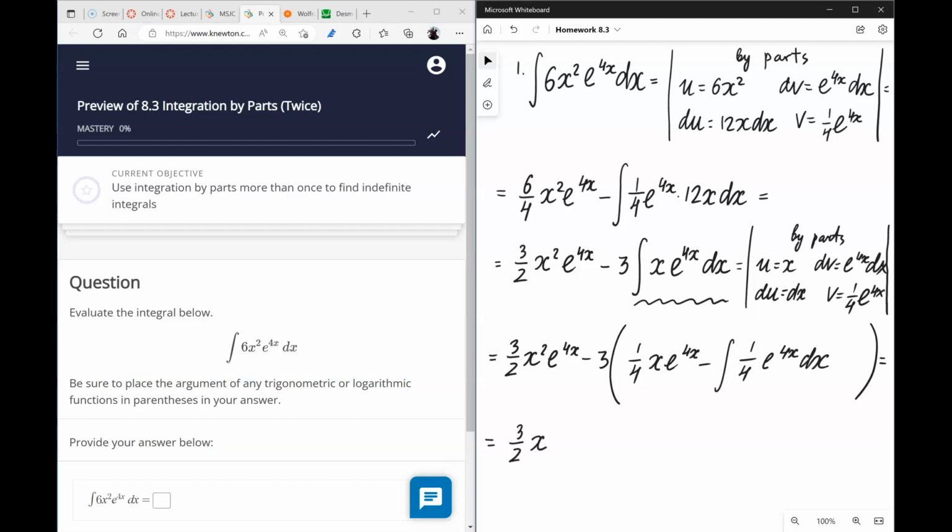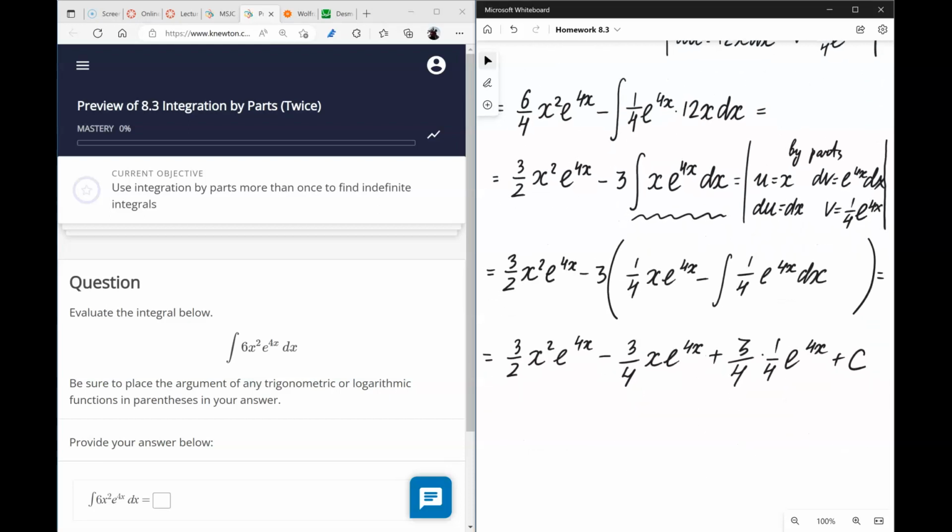So we have 3/2 x squared e to the 4x. Now we're going to distribute the 3, so we have 3/4 x e to the 4x, plus we're going to distribute 3, but we have 1/4. And now here, instead of writing the integral of e to the 4x dx, I'm actually going to just find that antiderivative. So it's 1/4 e to the 4x plus c.